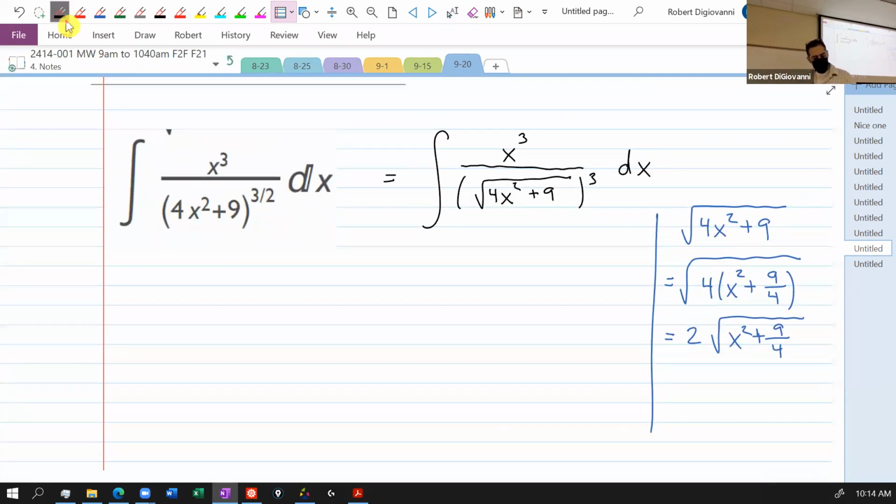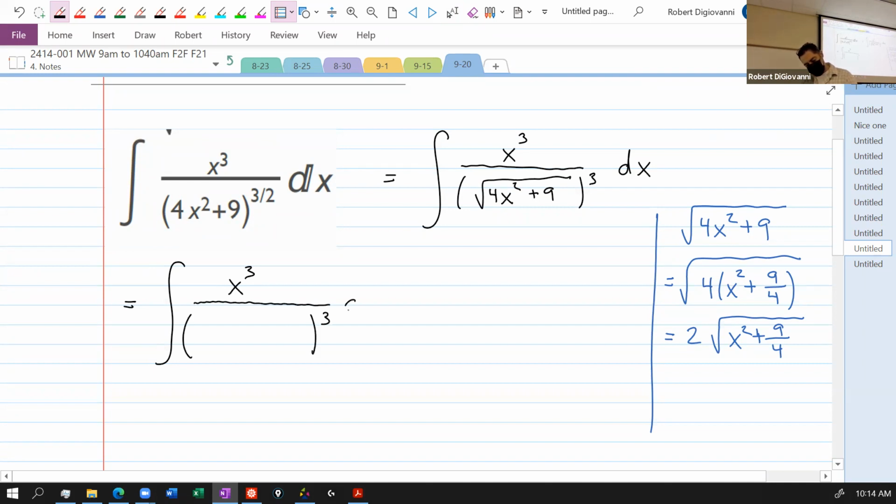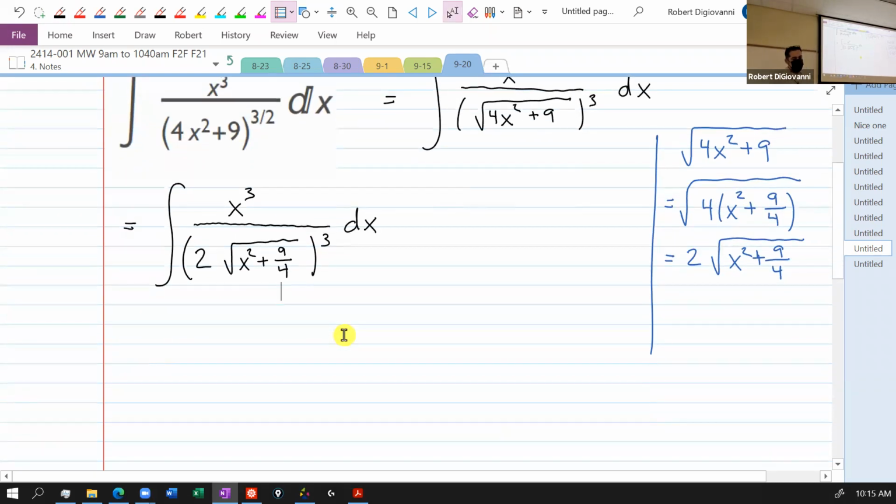So my integral becomes the integral of x cubed on top over, in parentheses, something being cubed, dx. The thing that's being cubed is the 2 and the square root of x squared plus 9/4. I'm going to go one more line before I start doing anything.